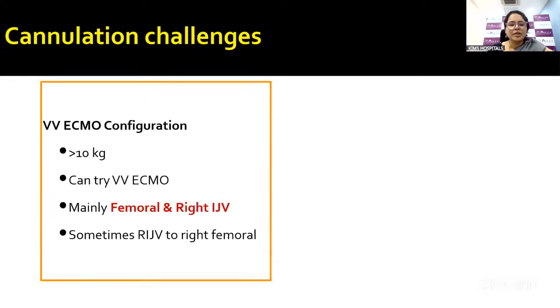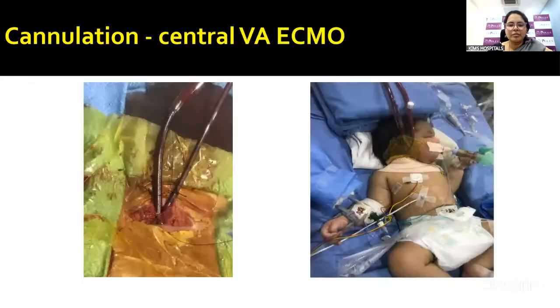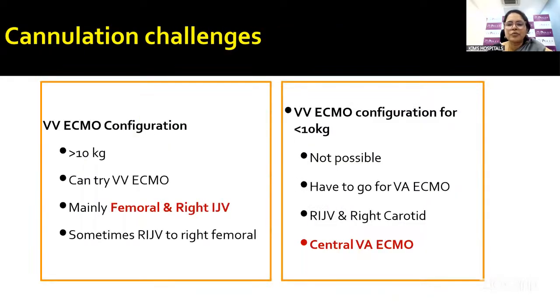So cannulation comes with its own challenges. I thank our PICU team for some of these slides, Dr. Parag, Dr. Kalyan, and Dr. Avinash. Cannulation challenges include access: in babies less than 10 kgs, where we are discussing newborns, it's generally not possible to go for percutaneous or ultrasound guided access.